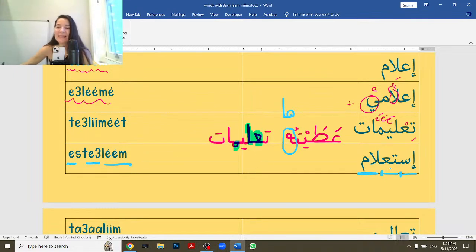So استعلام. It's not استعلام. No, there is this sound here. You have to pronounce it, and I'm representing it with the number 3 informally when writing with Latin letters or using numbers. So استعلام means inquiries.